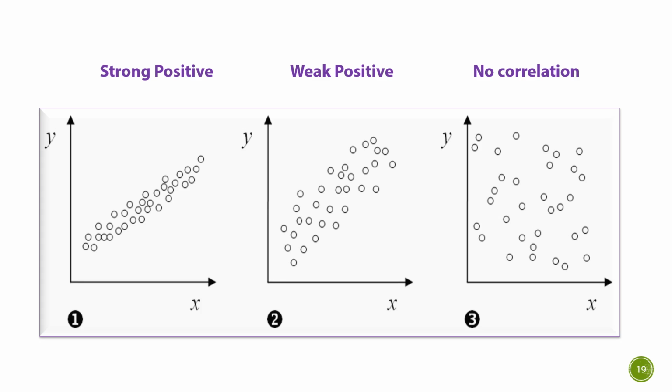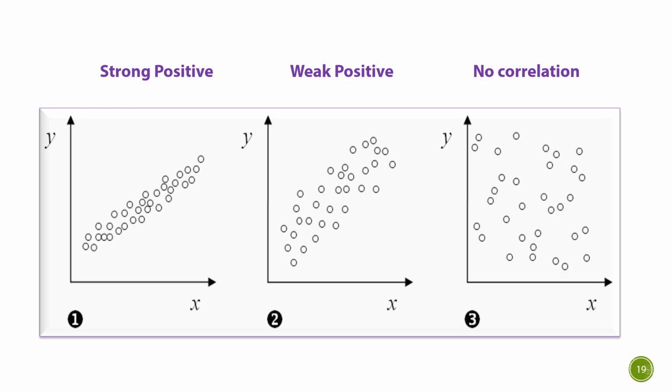This diagram shows three types of correlation. First is strong positive, second is weak positive, and third one is no correlation. You can see in the diagram that when we say it is a strong positive correlation, all the instances or data points are close to each other and they go in the upward direction from left to right.